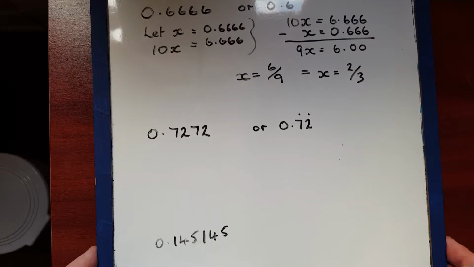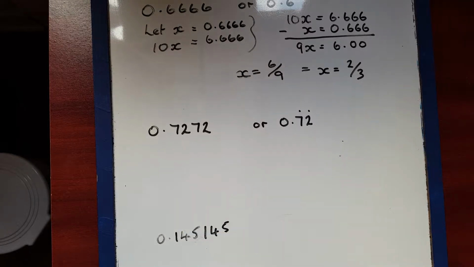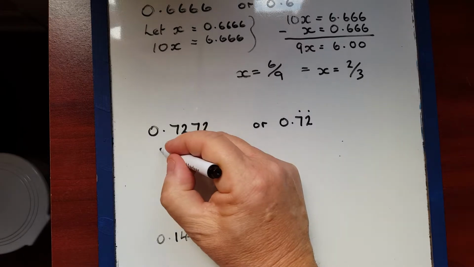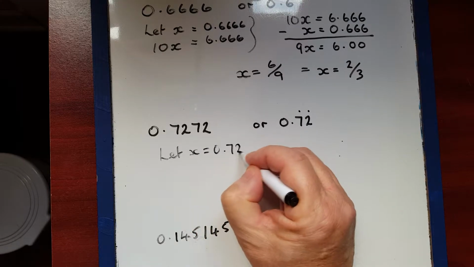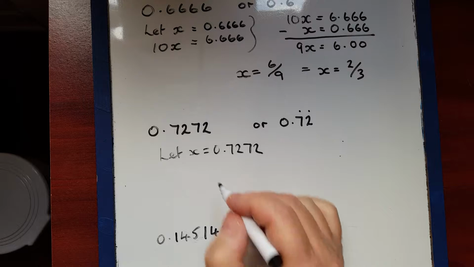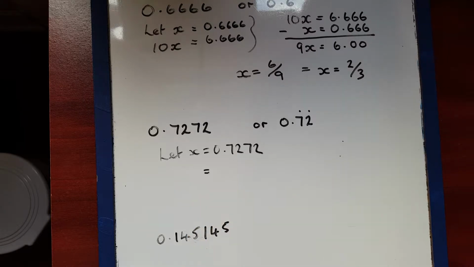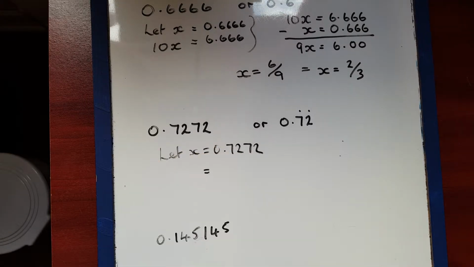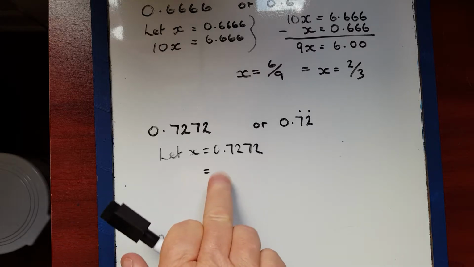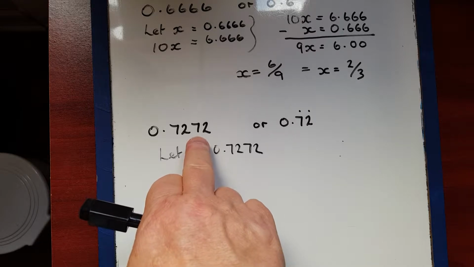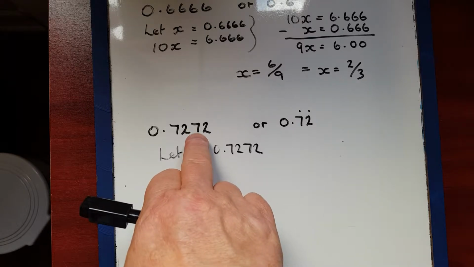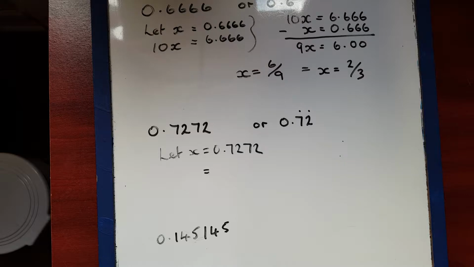If you've got more than one number repeating, 0.7272 recurring, then it's going to be slightly different, because we're going to start off the same. We're going to let x equal 0.7272, as we said there. But then we need a situation where we can have a whole number in the front of the point, and then we need the same pattern repeating behind the point.